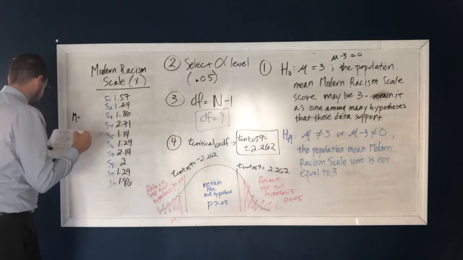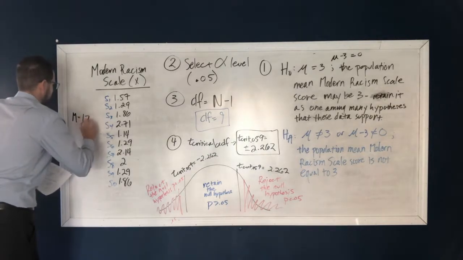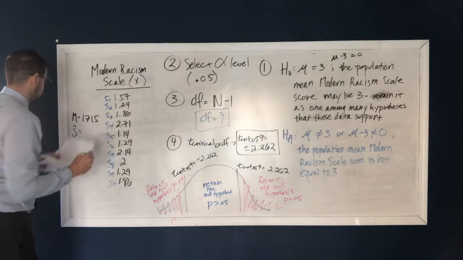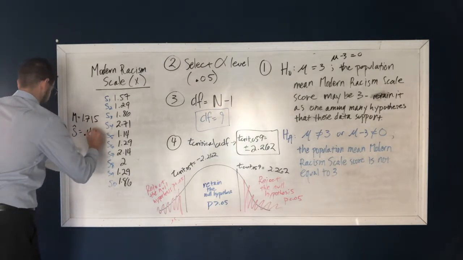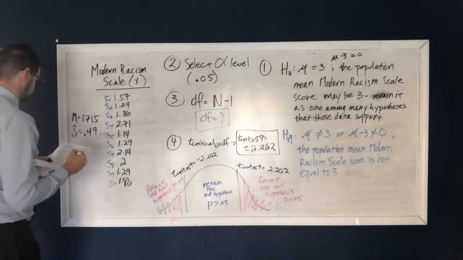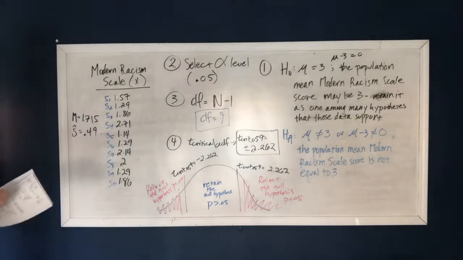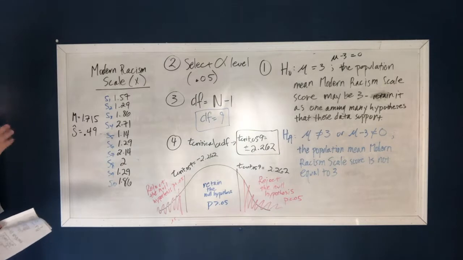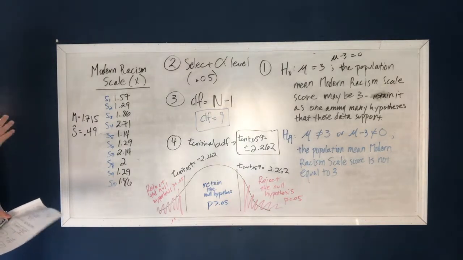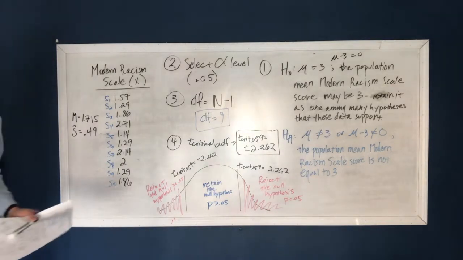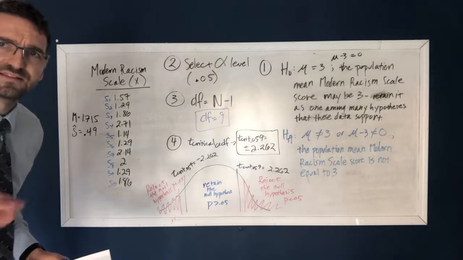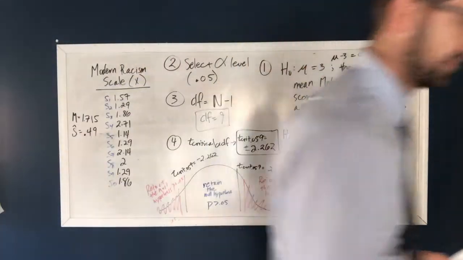The mean of this distribution is 1.715, and the standard deviation is going to be 0.49. Okay? So go ahead and write that down. I now need to erase it because it's taking up a lot of real estate on my board.